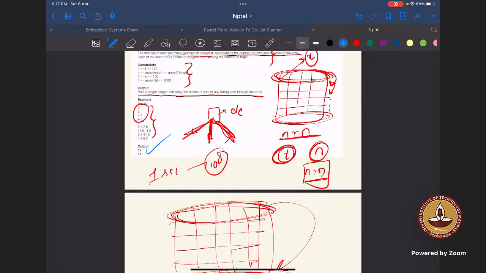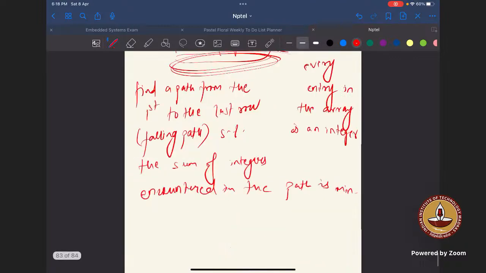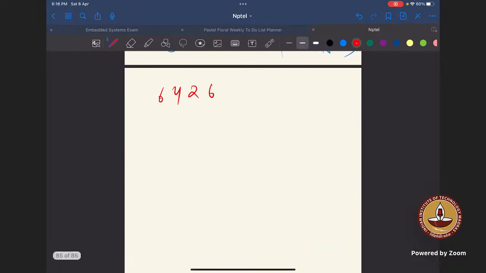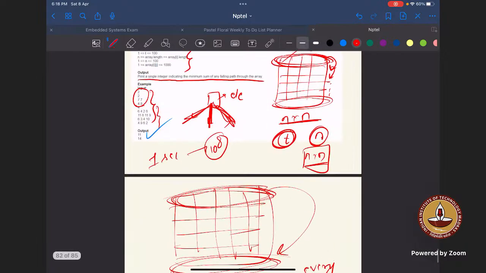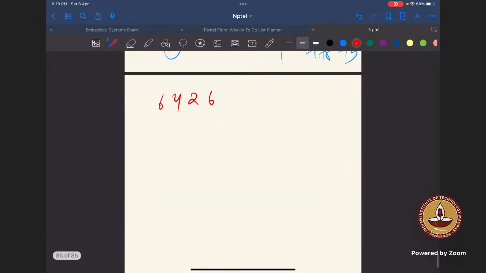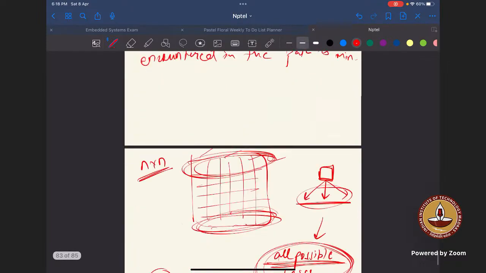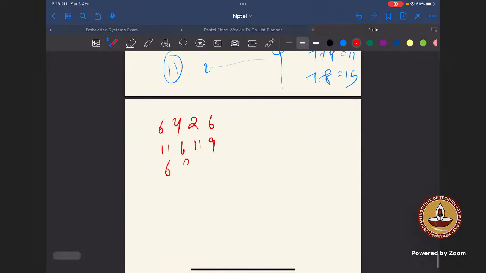Okay. Looking at the next test case, which is a little bit bigger, 6 4 2 6. So the array is 6 4 2 6, 11 6 11 9, 6 3 4 10, 4 3 9 2. Okay.